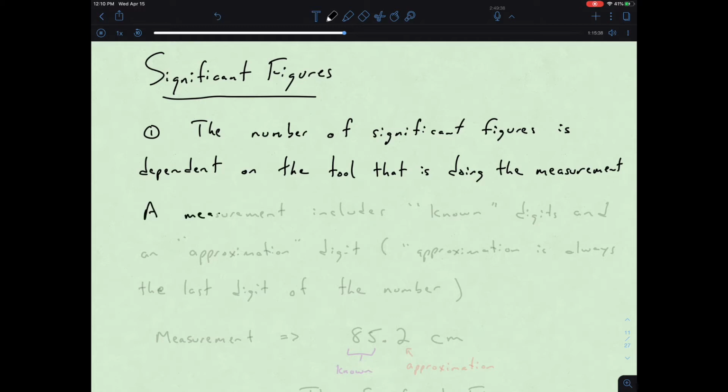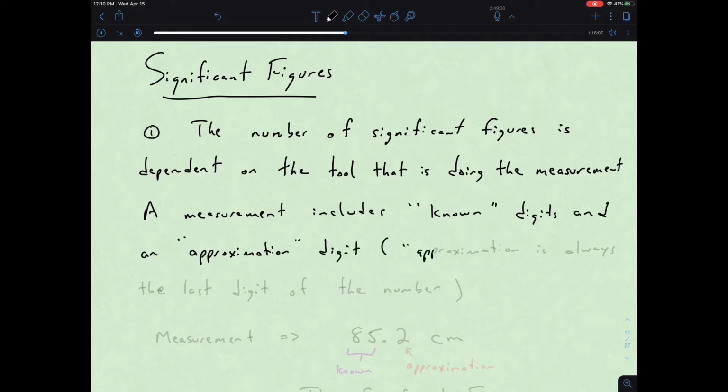A measurement includes this idea of known digits and an approximation digit, right?